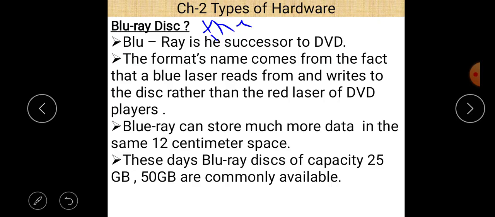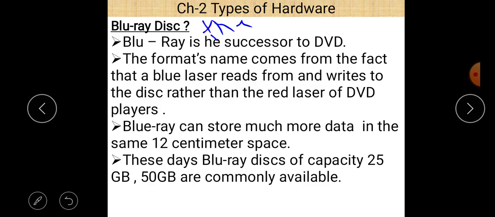So three main things are there. First, Blu-ray disc is also an optical disc. Second, Blu-ray disc is a successor to DVD, and the sizes of Blu-ray discs are basically from 25 GB to 50 GB, which are most commonly used, and they can even store more data depending on the type of Blu-ray disc.